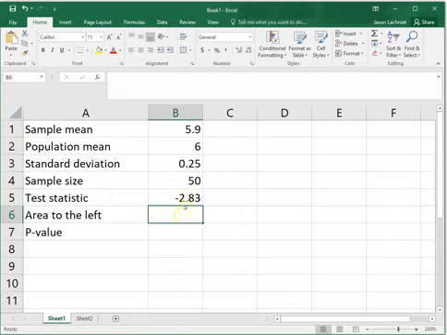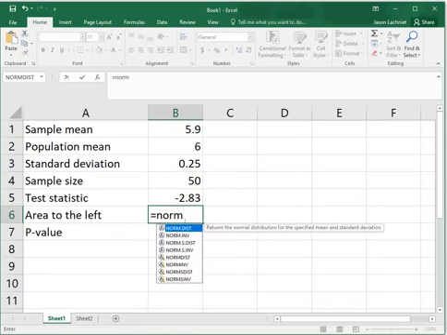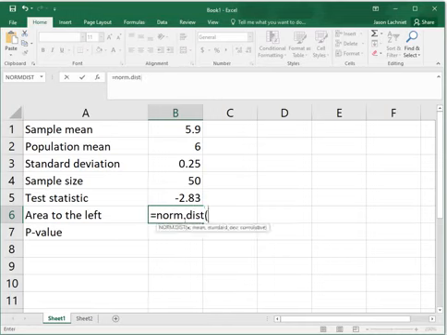We're going to calculate an area that corresponds to that z-score, that test statistic, and that requires the normal distribution function, or we could look in a table like Appendix A from the book. But it's easier to just use this function here in Excel, and it is equals norm.dist.